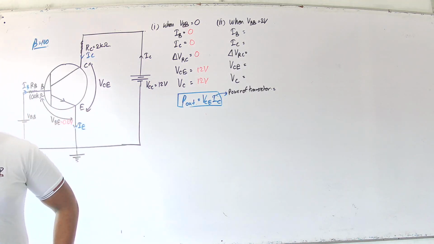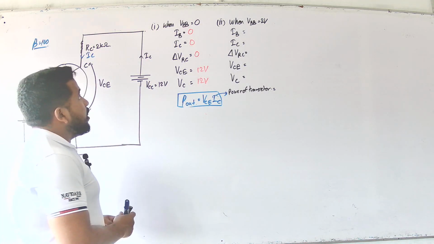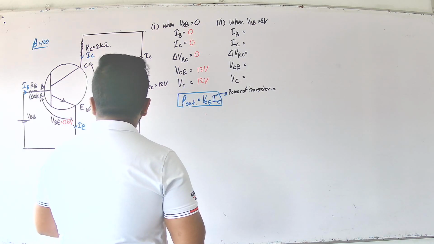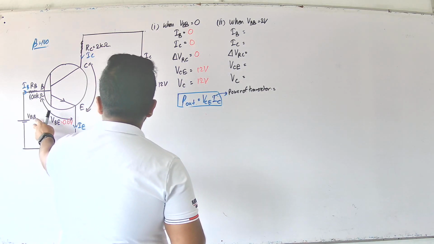So how can we find out this IB? VBB equals 2 volts.